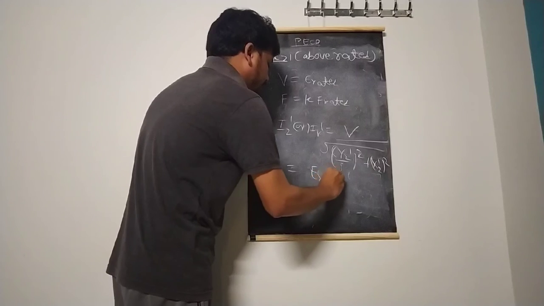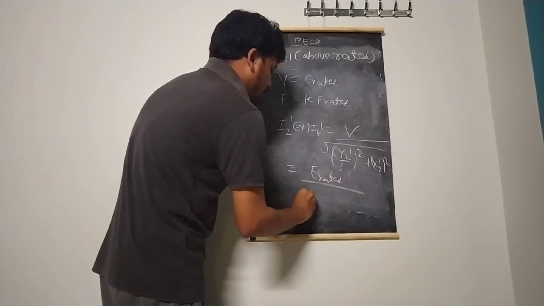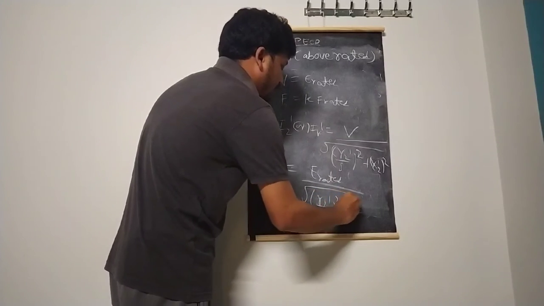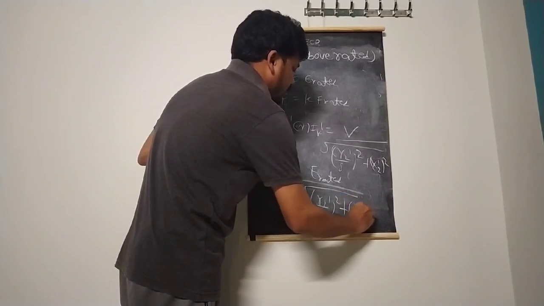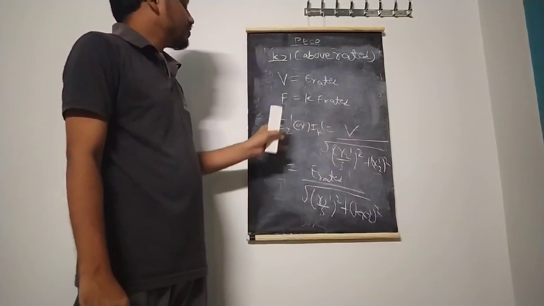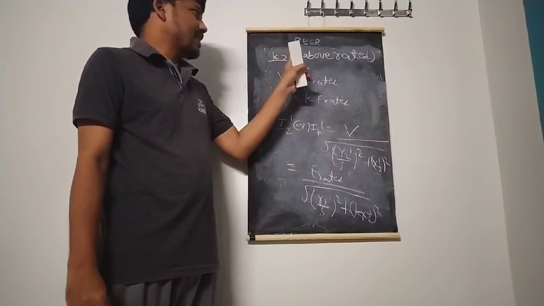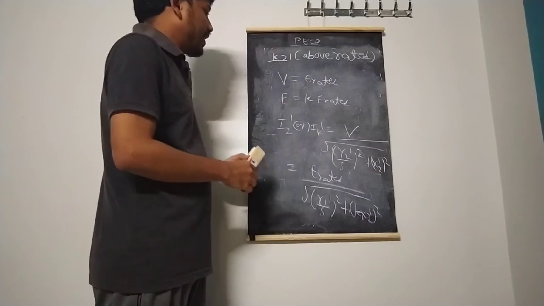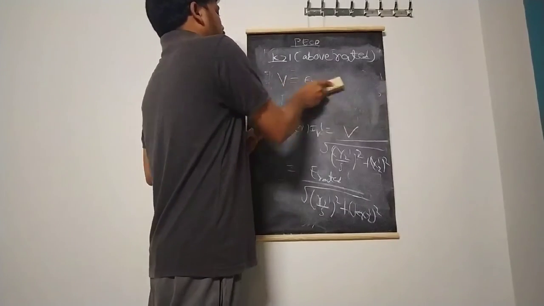Therefore, E rated by square root of (r2 dash by s) whole square plus (k into x2 dash) whole square. This is the final equation for the rotor current when K is greater than 1, from above rated frequency. The same, substitute this rotor current value in the generalized torque equation.